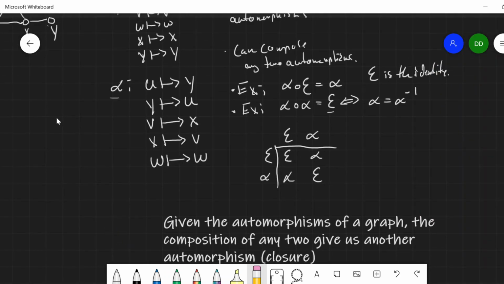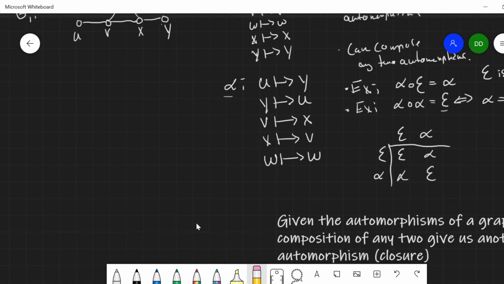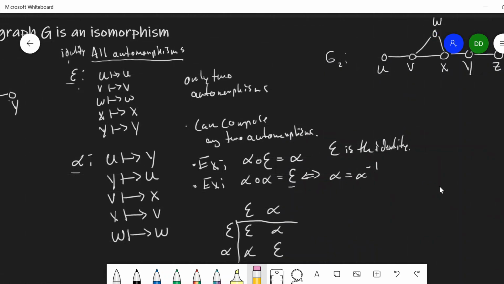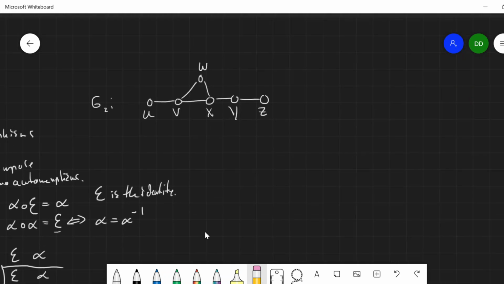All right, so that's an automorphism group. Let's take a look at another example. How about G2 here?